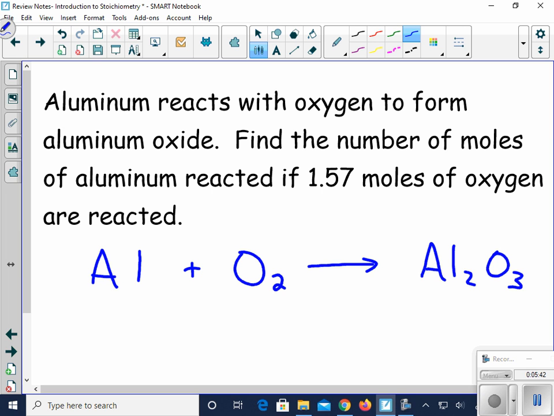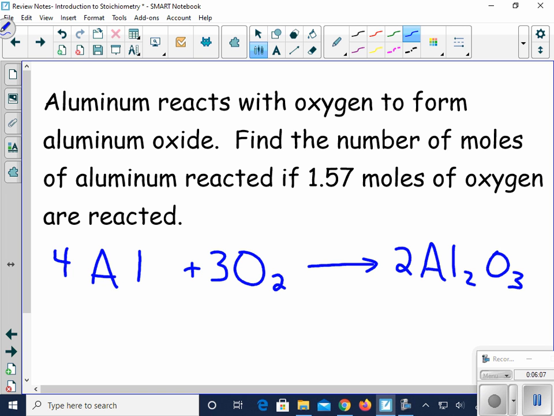So I look at this. I do not have a balanced equation, do I? I need to balance this, and I need to get this oxygen here to an even number. That gives me 6 oxygens, and then I'm going to have 4 aluminums. So I now have my balanced chemical equation.